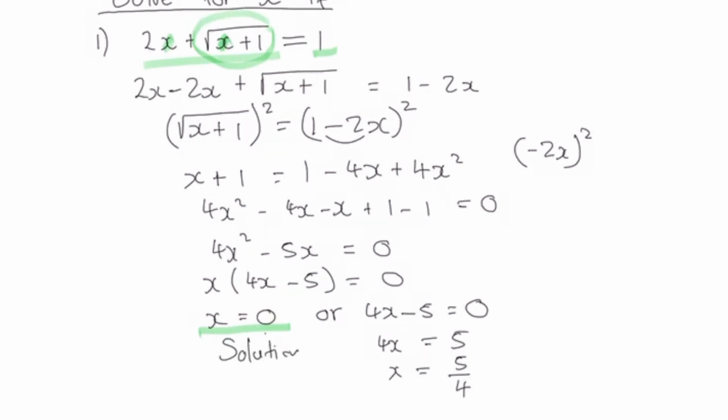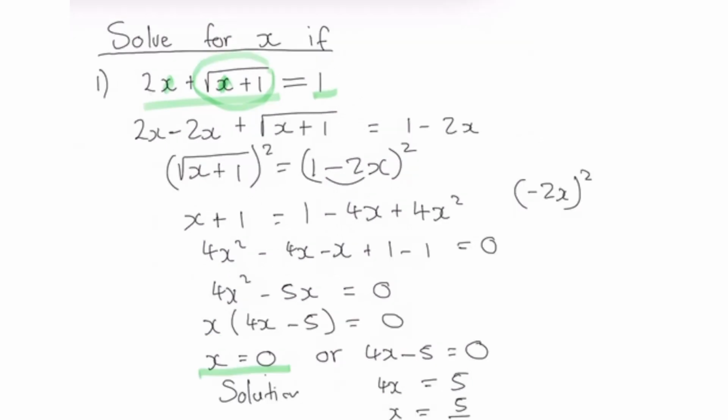Now let's test 5 over 4. With 5 over 4, let's write it down. We're going to say 2 times 5 over 4 plus the square root of 5 over 4 plus 1. Let's see what we get. Here, 2 goes into 4 twice, that is 5 over 2 for you.